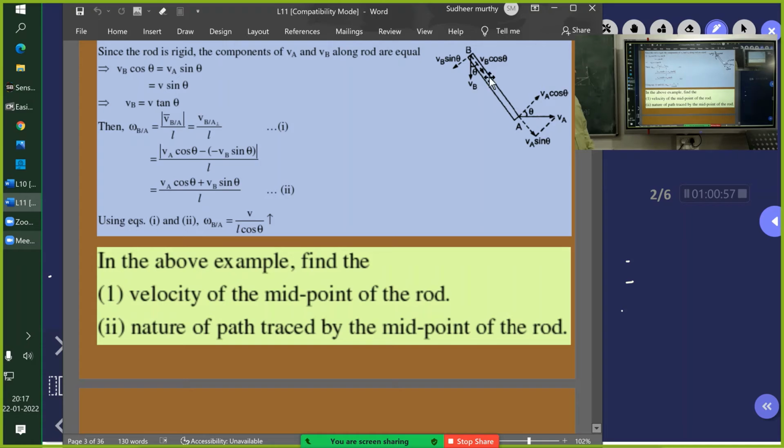See, this rod is now going to move. So what is the velocity of the midpoint of the rod, and the nature of the path traced by the midpoint of the rod?